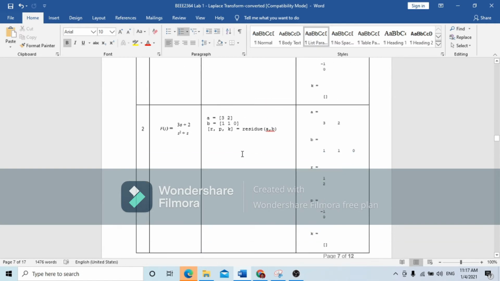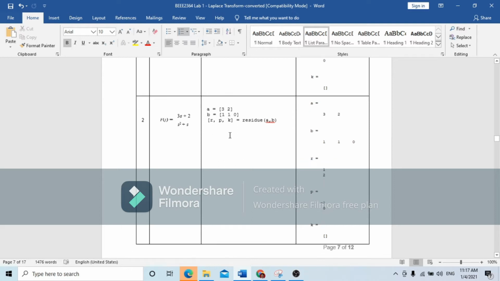The S power of 0 for the numerator is 2, and then the S power of 1 is 3. For the denominator, there is no S power of 0, so we put 0. Then S power of 1 is 1, and S power of 2 is 1.